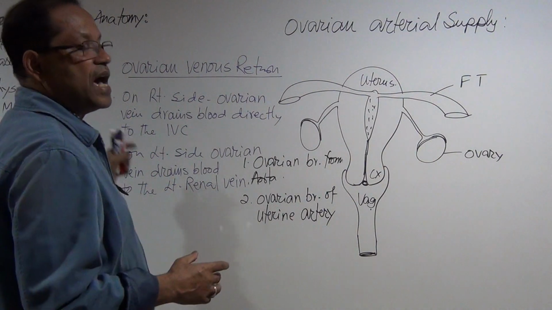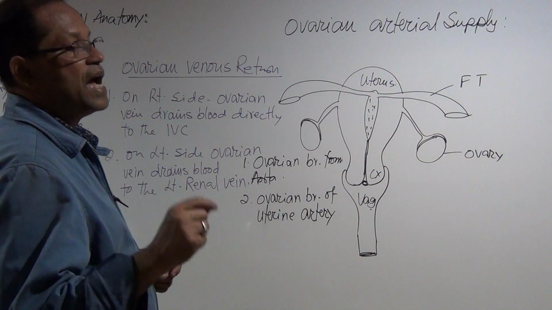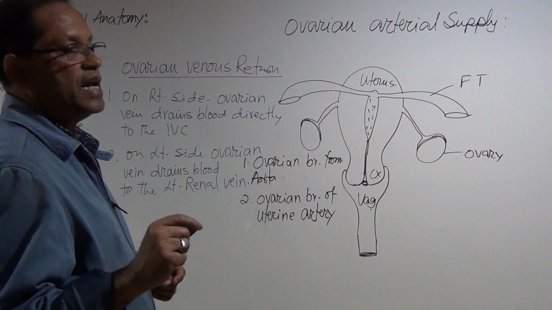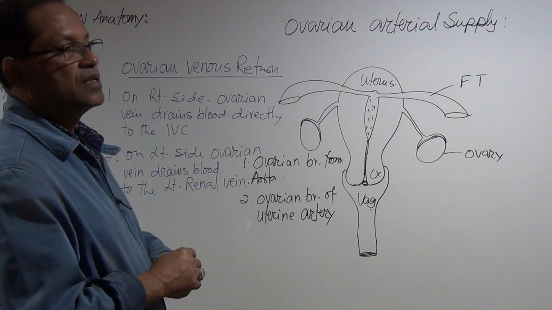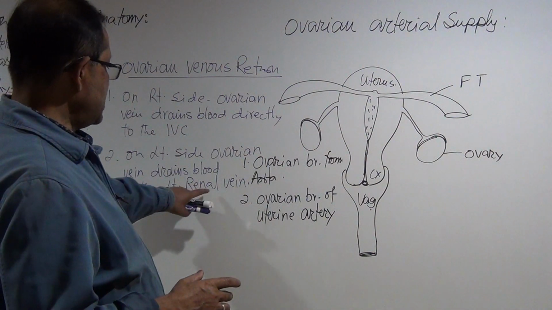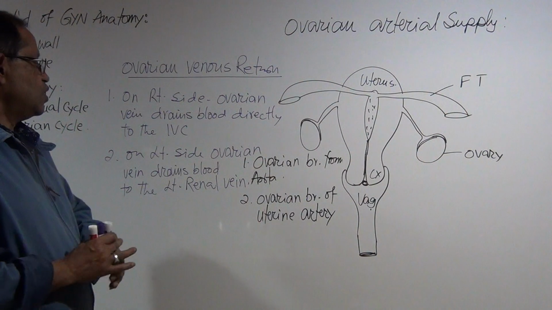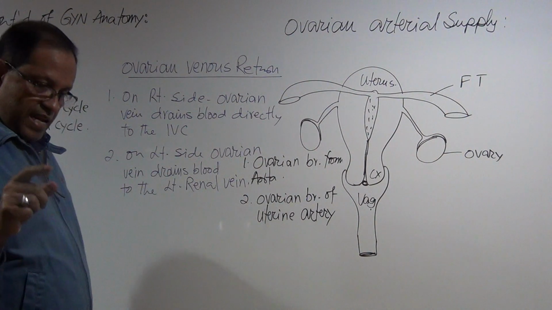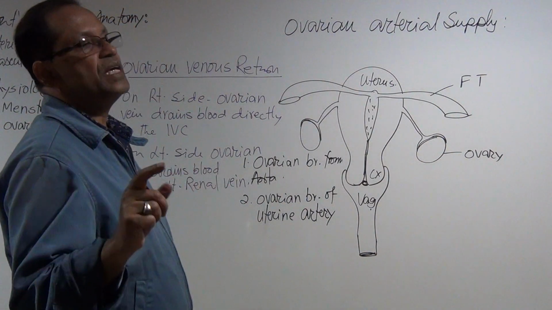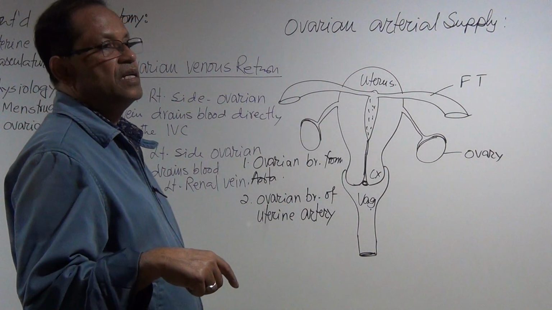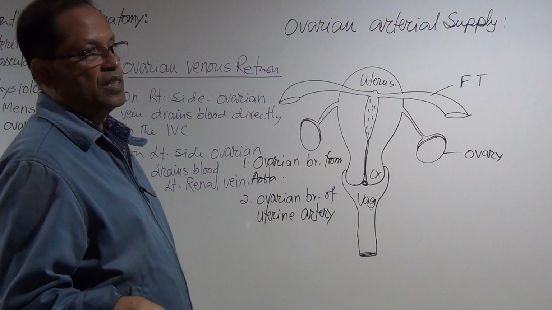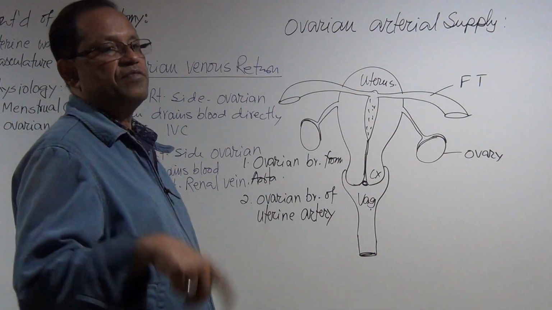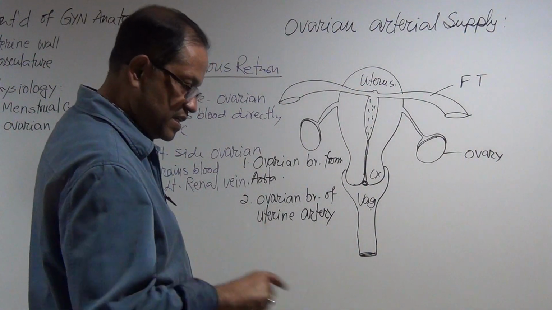But on the right side, the right renal vein drains blood from the right kidney and right adrenal gland, and that's it. On the left side, the additional one is the left gonadal. So if there is a cancer in the ovary on the left side, we need to check the left renal vein and also the IVC. Make sure we understand that.